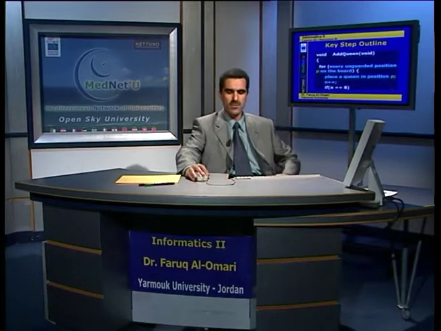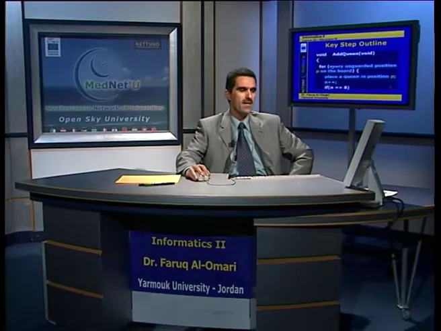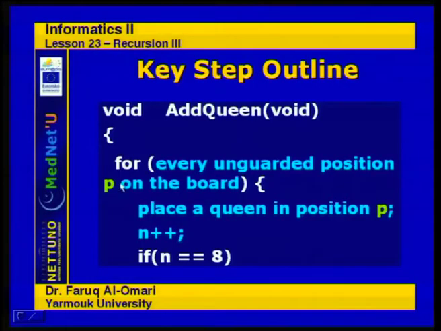The major steps, in a pseudocode kind of implementation, are that we're going to look for every unguarded position, P, on the board. The unguarded position is the correct position where I can have a queen on the chessboard.